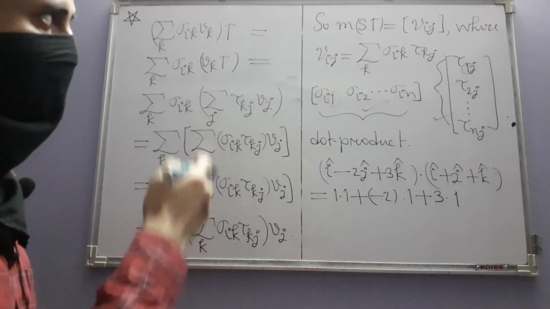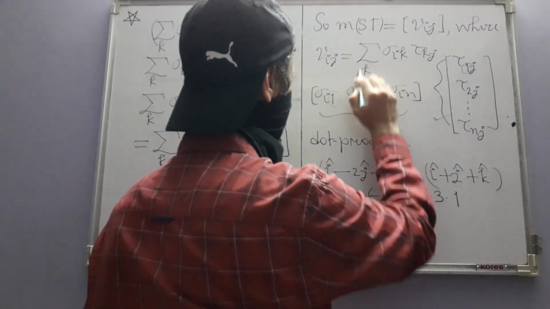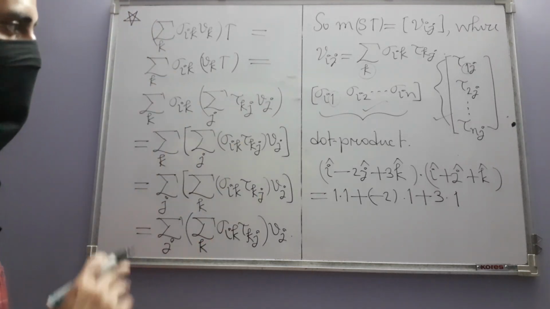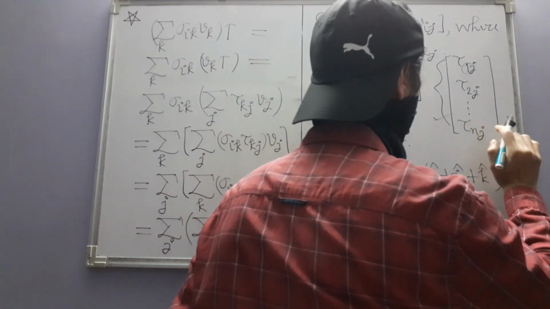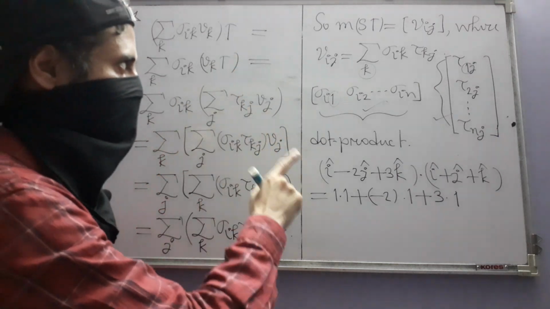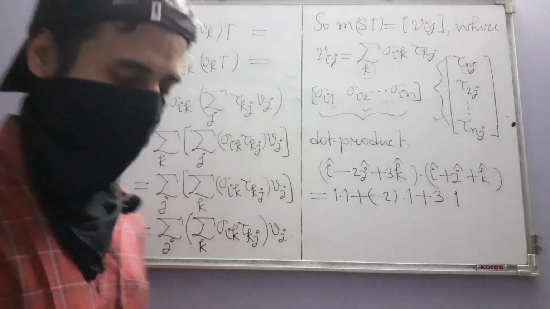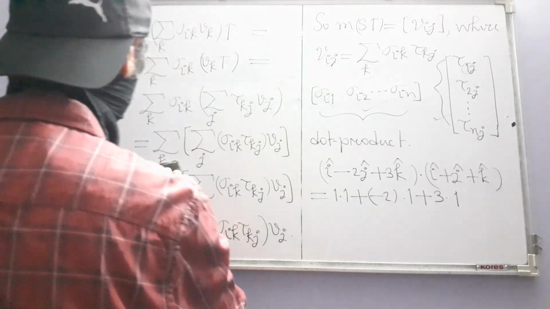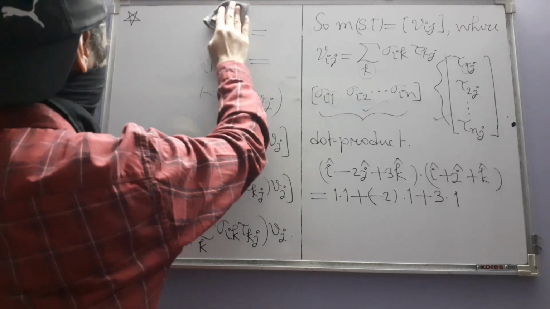That's why it's like this, σ_ik τ_kj, and the sum of all such terms as k varies from 1 to n or from 1 to whatever the size of the situation is. Okay, so that is the method for calculating the ijth entry of the matrix of the product of two operators S and T. Now here we have a small example to see how that works out when we have concrete values.